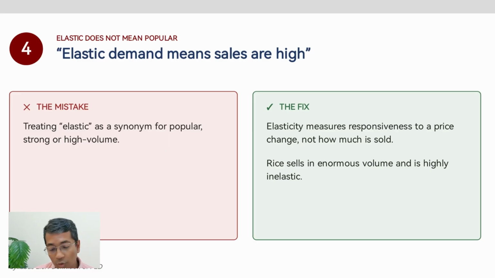So don't try to attach the elasticity concept to anything to do with some product being popular, or some product being very good or bad. Nothing to do with that there. There are so many factors which might affect elasticity, but when you try to do the interpretation, always remember that elasticity is all about knowing how the quantity demanded of a product will respond if you change the price.